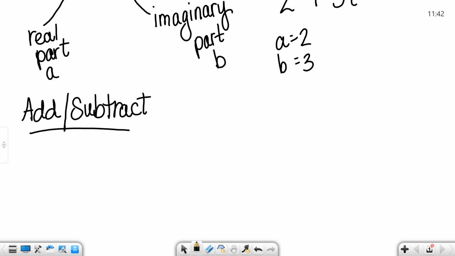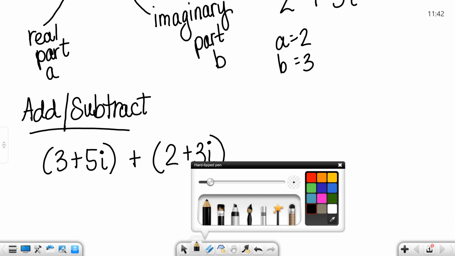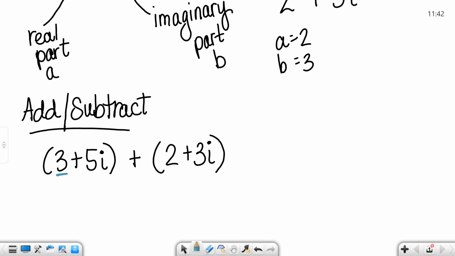So for example, let's say I have 3 plus 5i. Okay, there's one complex number, and I want to add to it 2 plus 3i. There's another complex number. So in order to add two complex numbers, I'm going to take their parts that are alike. So in this case, the 3 and the 2 are both real parts.